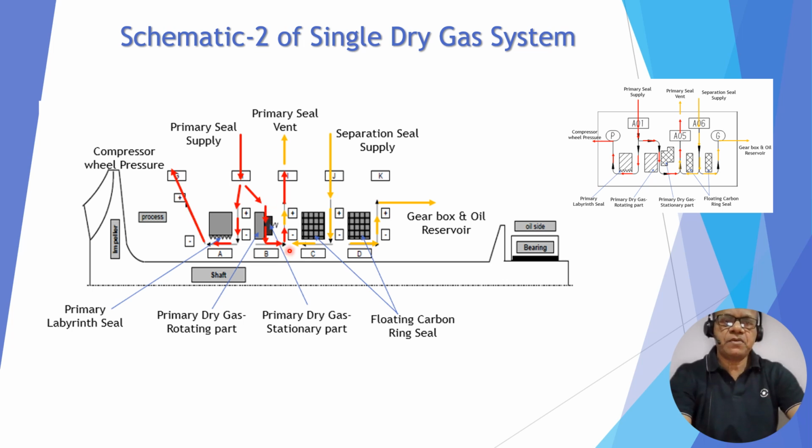There is a minimum gap which is venting to the primary seal vent, and this is the separation seal supply, which is normally nitrogen, and these are two floating carbon rings, and then there is a leakage here, mixing with the primary seal and going to the primary seal vent, which is connected to flare, and this side goes to the gearbox and oil reservoir.